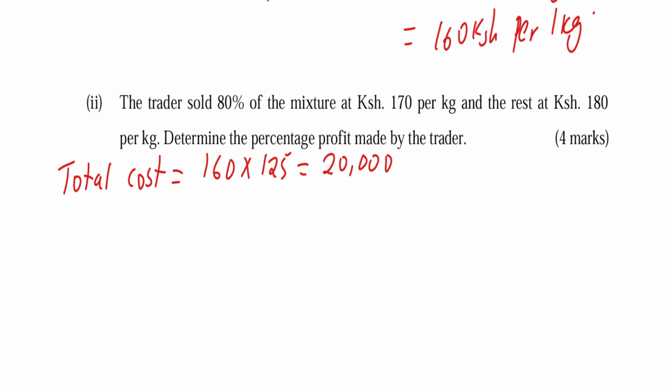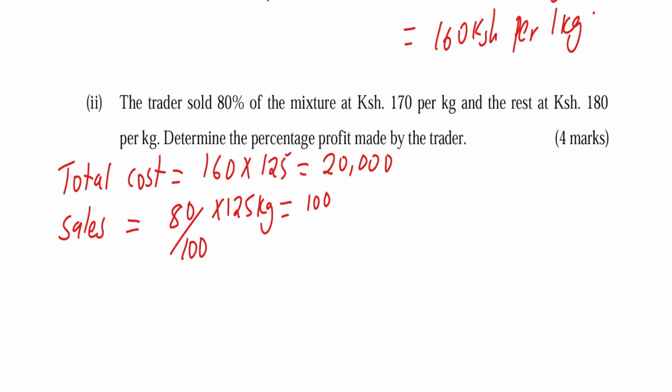Now his sales, right? He said 80% of the mixture he sold at 170. So 80% of the mixture, which is 125 kg, let's find the number of kg that he sold at 170 shillings, which is 0.8 times 125 kg. It gives you 100 kg.